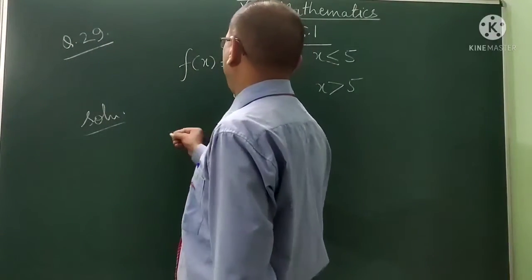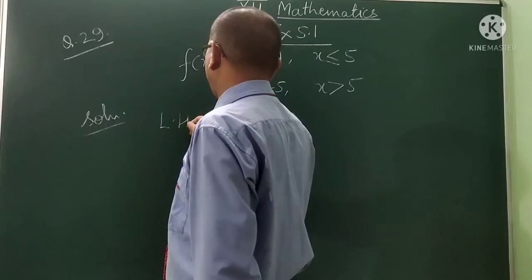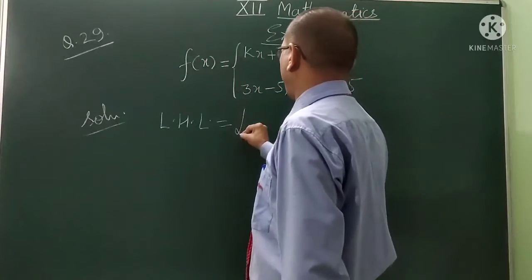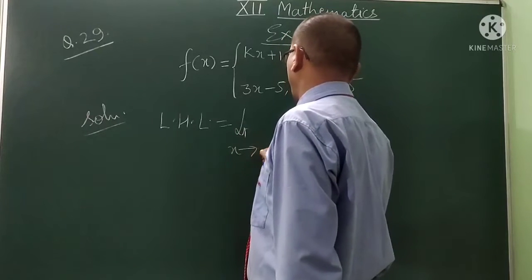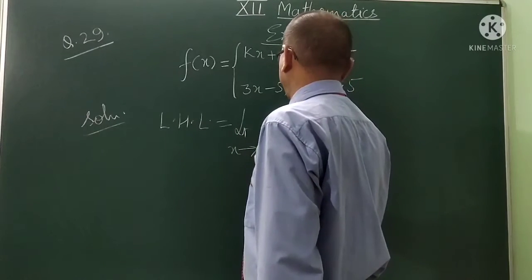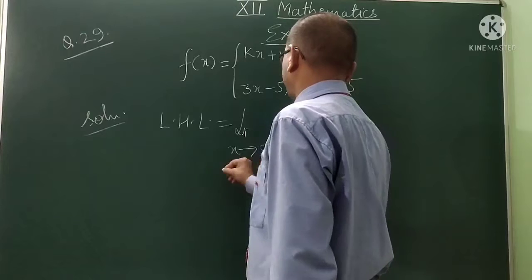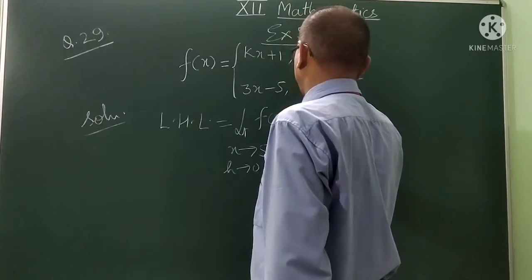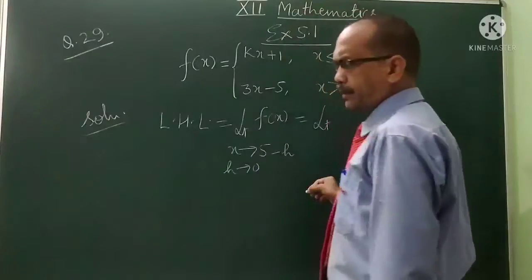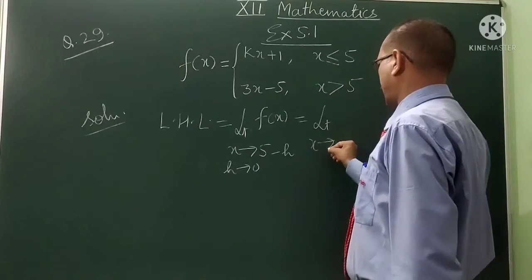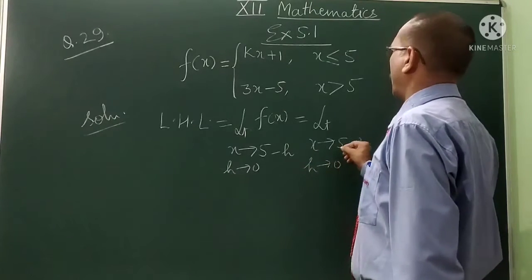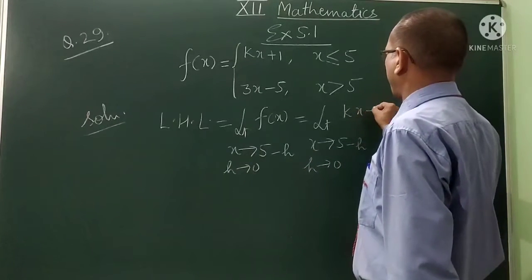We will find the left hand limit and right hand limit both. So the left hand limit is limit x tends to 5 minus h, h tends to 0, of f(x), and the function is kx plus 1.